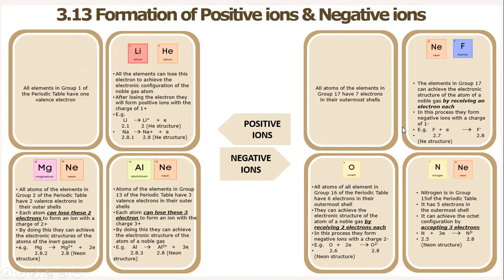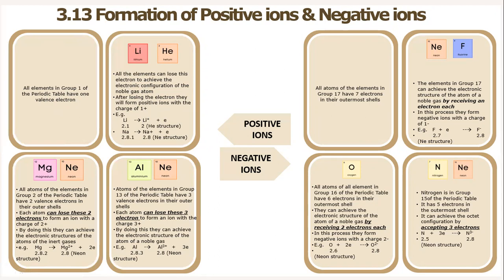Let's look at an example of positively charged ions. All elements in group 1 of the periodic table have one valence electron. All the elements can lose this electron to achieve the electronic configuration of a noble gas atom. After losing the electron, they will form a positive ion with a charge of 1 positive.